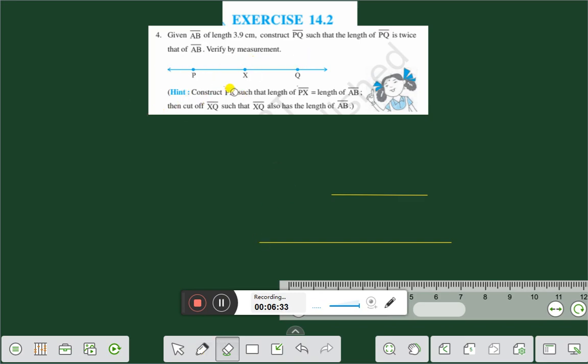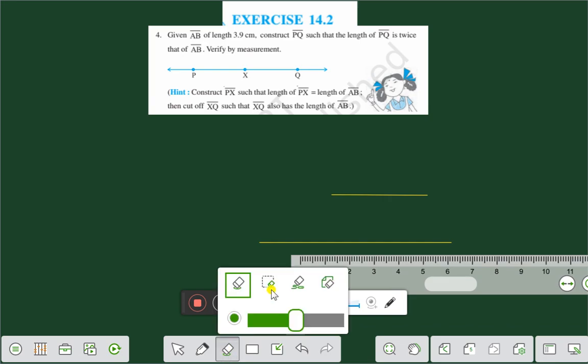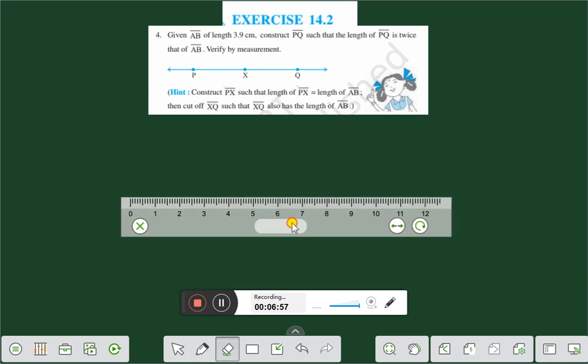Here the hint is given: draw PX such that the length of PX is the length of AB. We are drawing again. This is our scale. We can rub this line also. Now we'll use the second method.